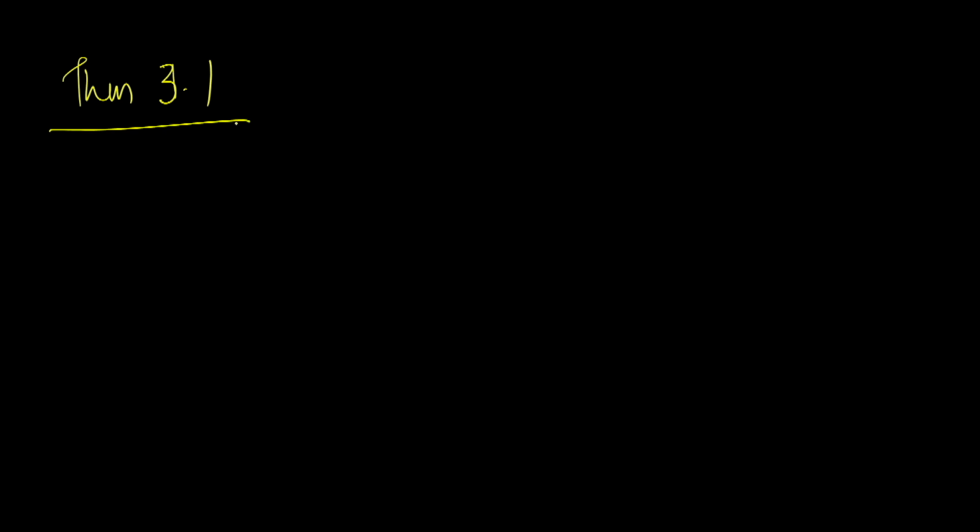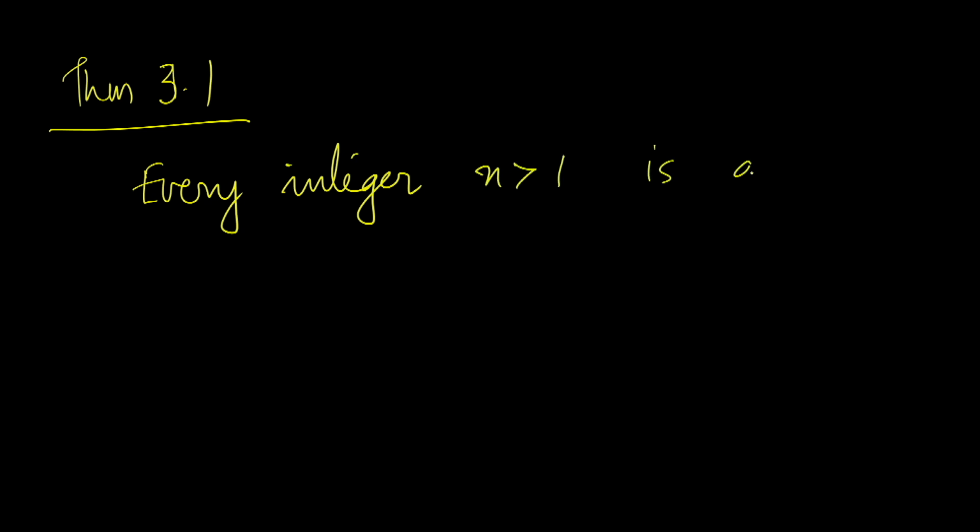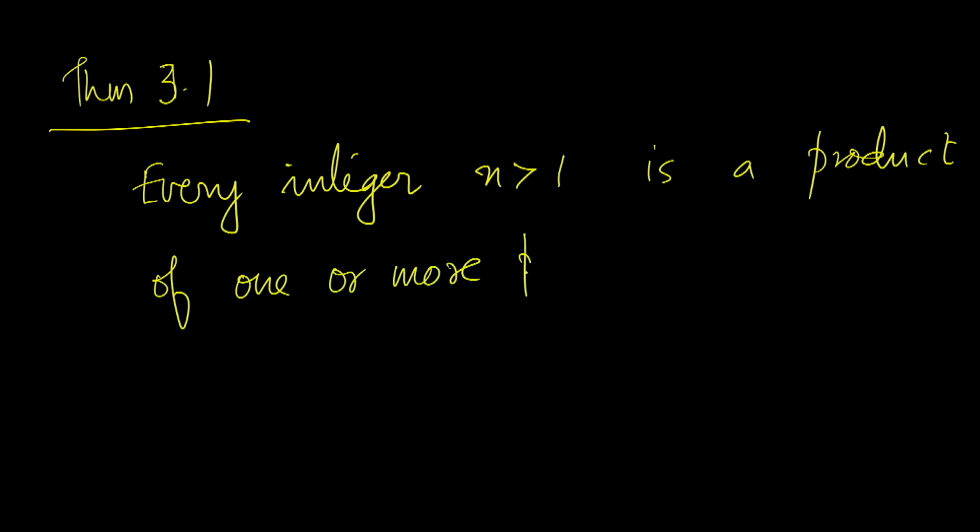So, let us see a theorem that we call theorem 3.1. The theorem says that every integer n greater than 1 is a product of one or more primes. The proof is easy.